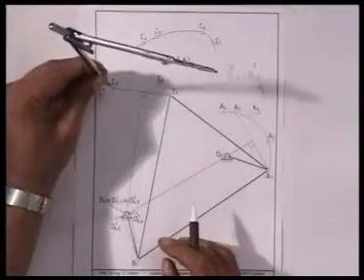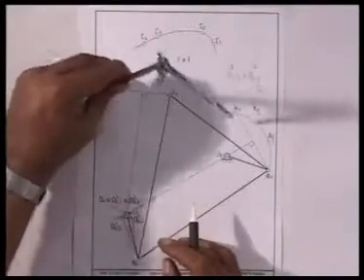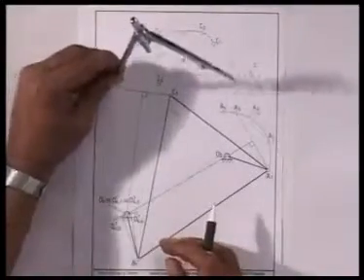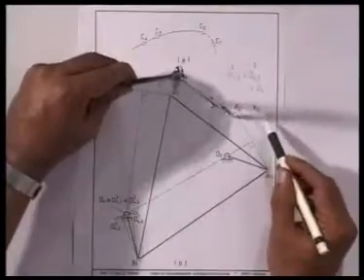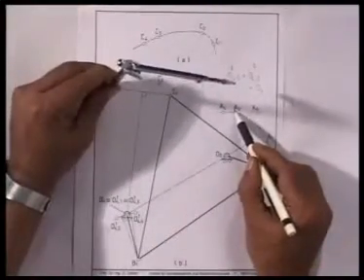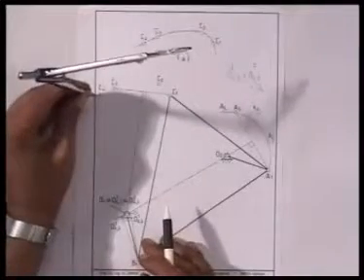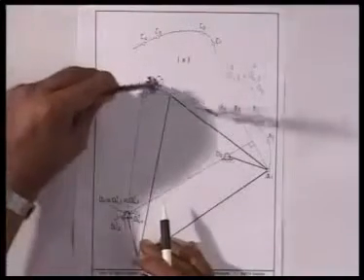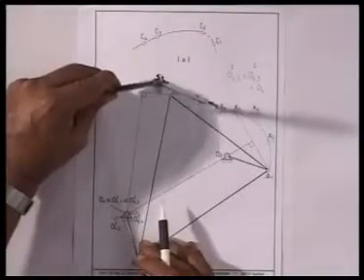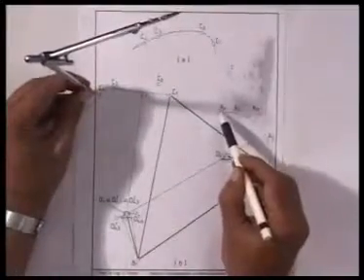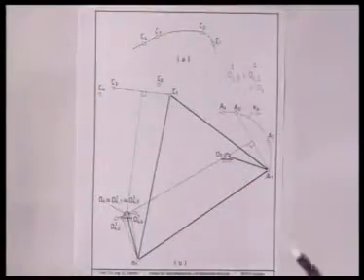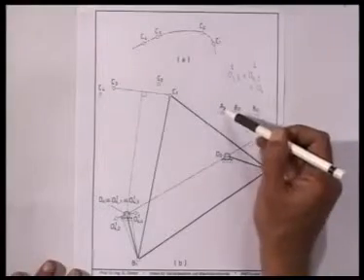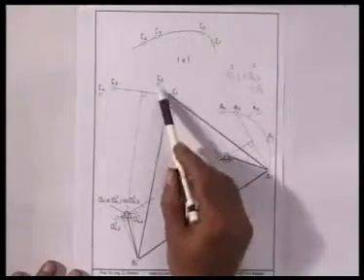Similarly, from C3 on this circle with KA, I locate the point A3. Similarly, from C4 using the length CA, I determine the location of A4. So I get A1, A2, A3, A4 corresponding to C1, C2, C3, C4.